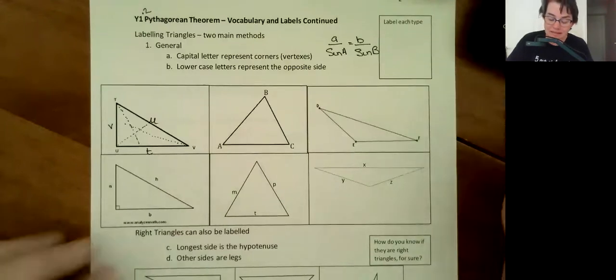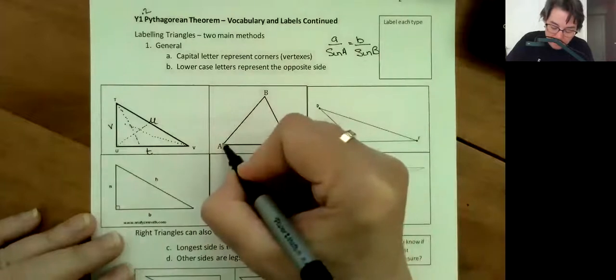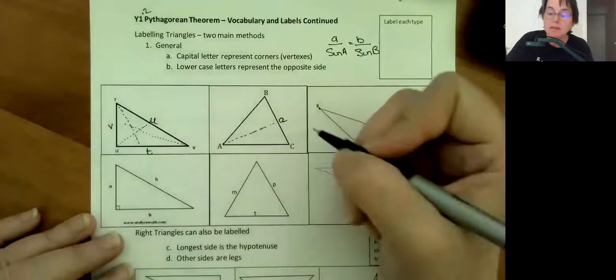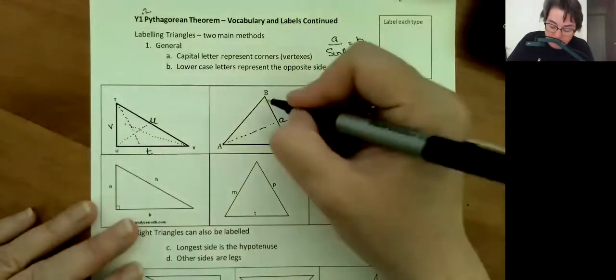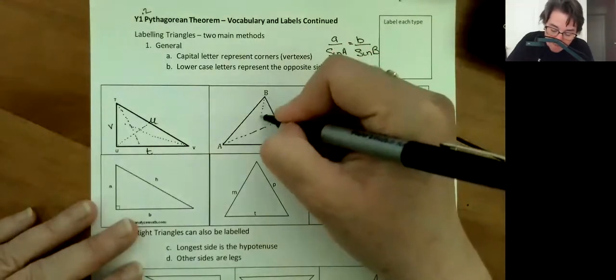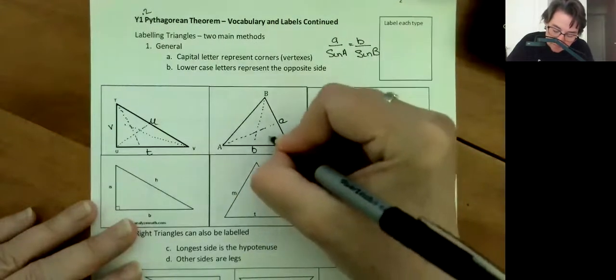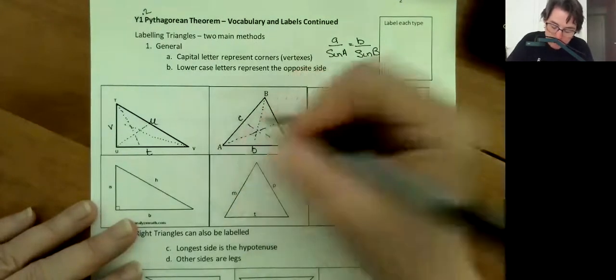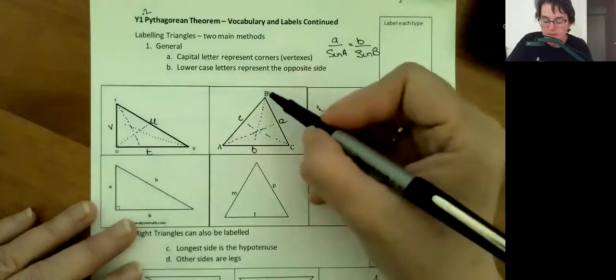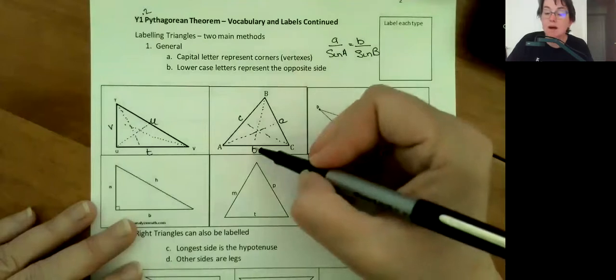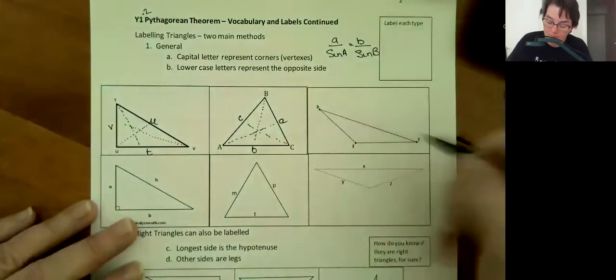I trust that you did. So all we do is we go across. You don't have to make those little lines. I just find it easier to explain. And there we go. So remember, if this is B, these two sides are not B. It's the one on the opposite side of the triangle.